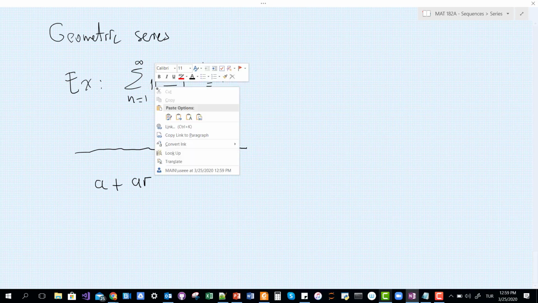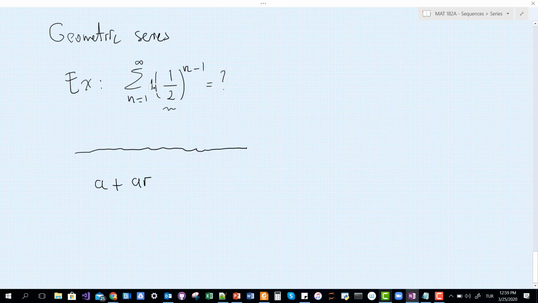Here we have a hidden one, that's going to be my number a, but I'm always going to have the power of the other number: a times r squared, right? I can continue in this way up to infinity.